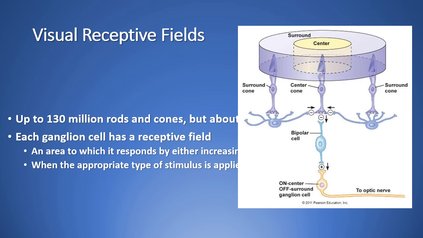On the other hand, because center and surround are always opposite, if you shine a light into the surround of this receptive field, you will actually inhibit the ganglion cell, because again, we're assuming that this is an on-center, off-surround receptive field. So all the receptive fields of ganglion cells are like that. They have a center and a surround, and they are designed to be opposites in terms of what they will do to the firing rate of that ganglion cell.